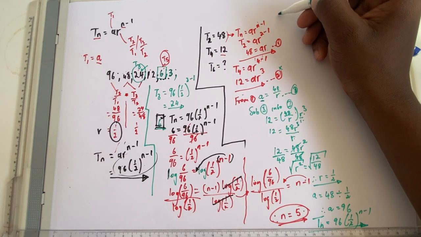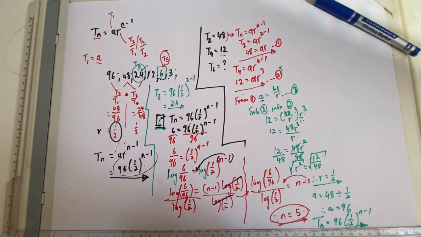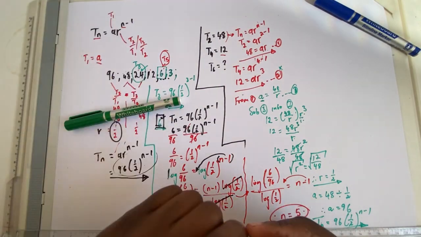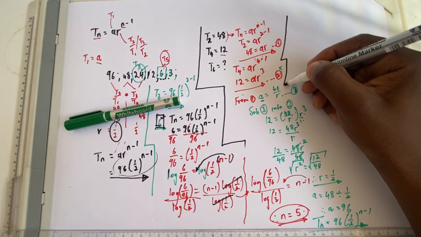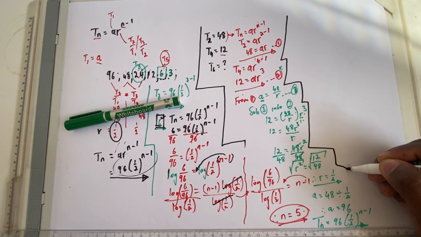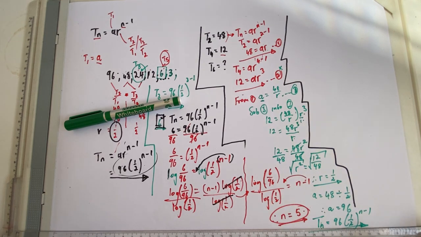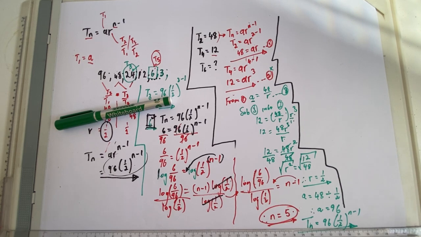Now the other part or form of question I wanted to handle would be the one whereby you are dealing with geometric sequences, but now here at this point you are forced to solve for x.